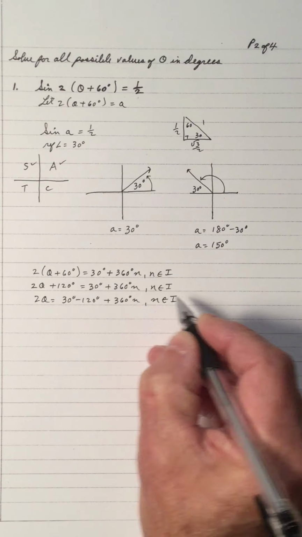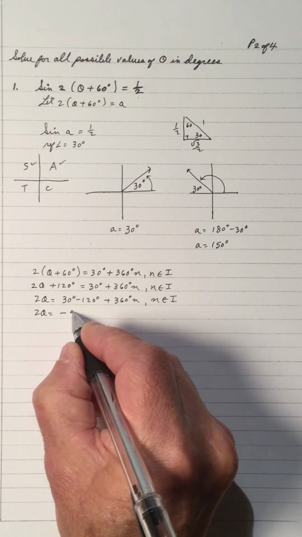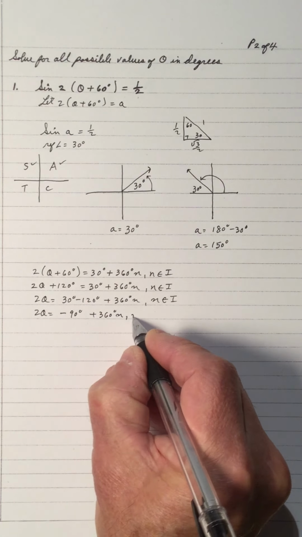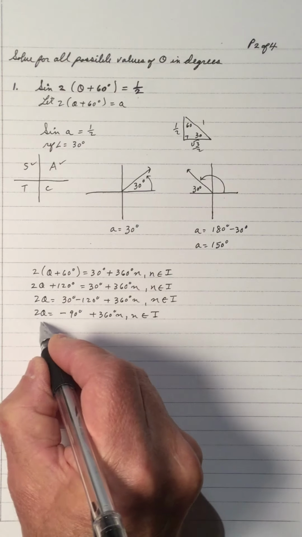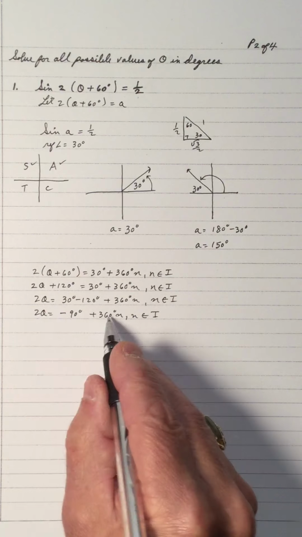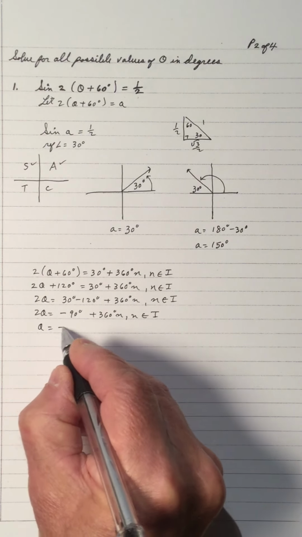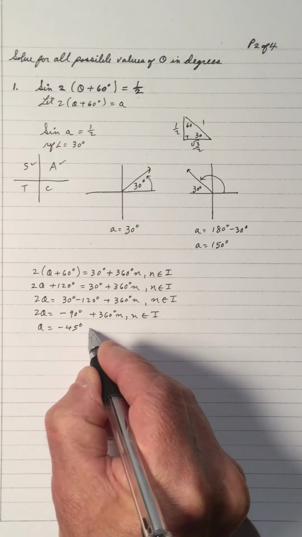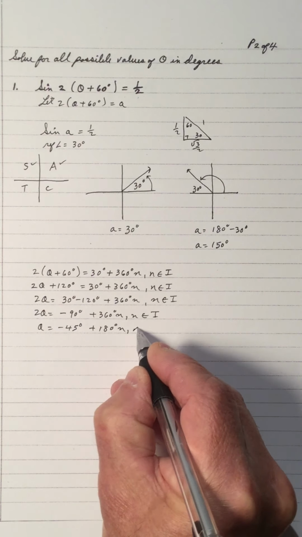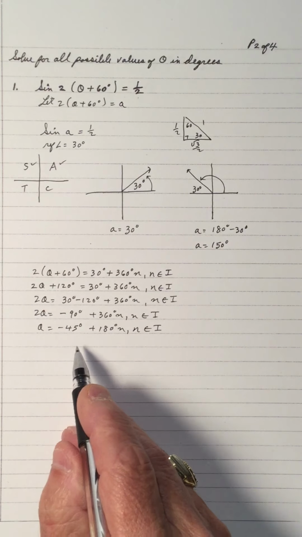N belongs to the integers, so 2 theta equals negative 30 degrees plus 360 n, and we divide by 2. When I divide by 2, I have to divide everything by 2. I make that negative 15, and the period is 180. So that's all the values when the angle is 30.